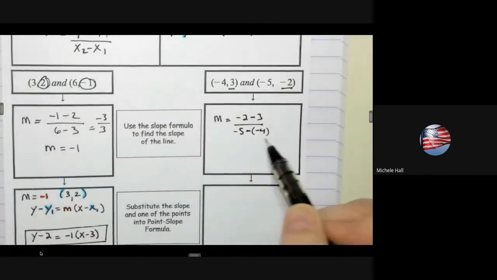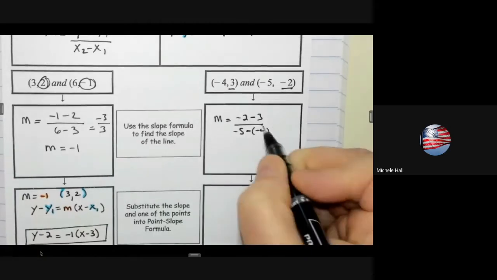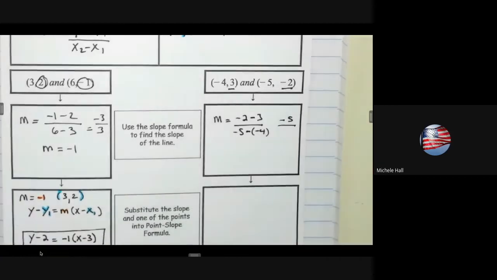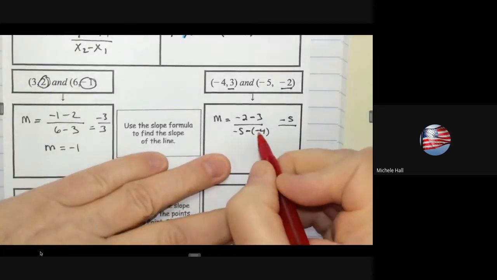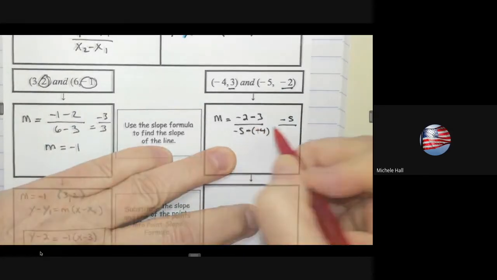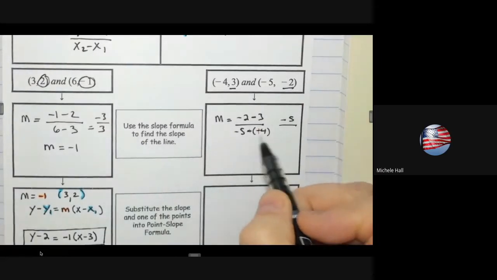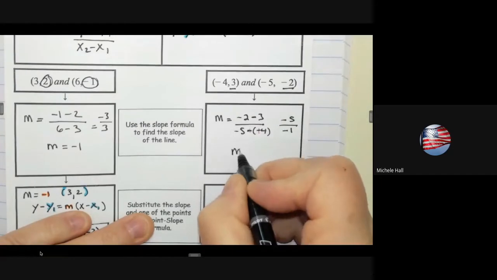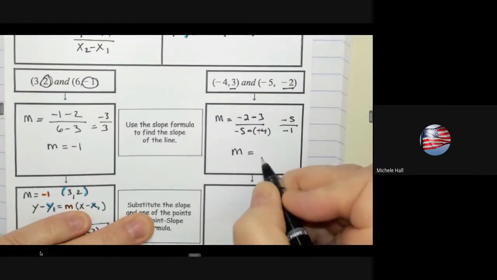We can see here that we have double negatives. So -2 minus 3 is -5. First, we're going to clean up those double negatives, and a negative times a negative is positive. That means that we have -5 and +4, which would be -1. My final answer for slope then is -5 divided by -1, which is +5.